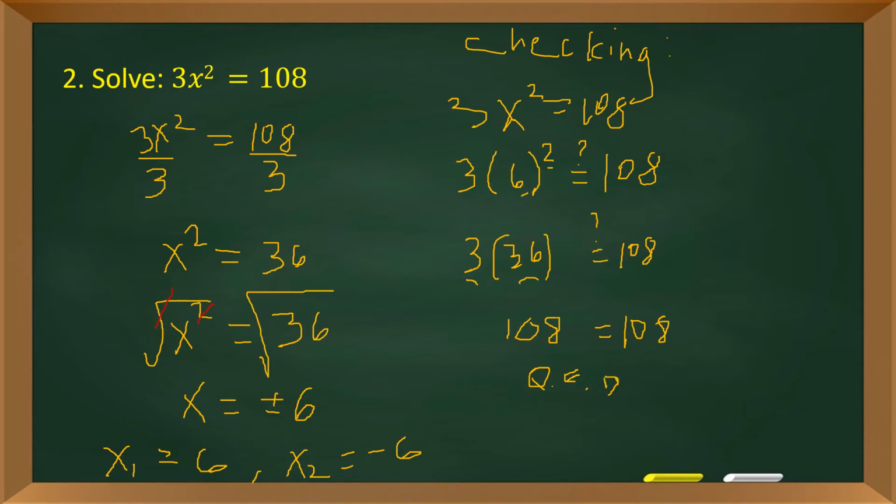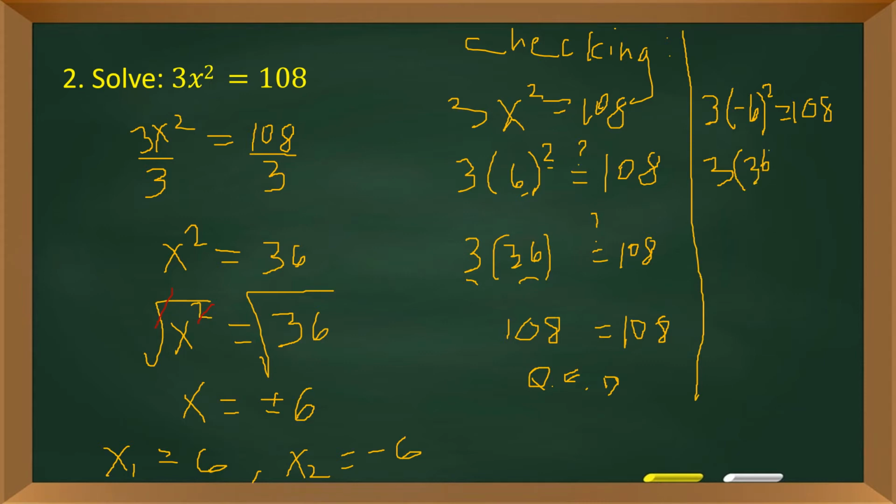Next, on our second value of x, which is negative 6. So we have to substitute again. 3 times negative 6 squared is equal to 108. But again, negative 6 squared is 36.